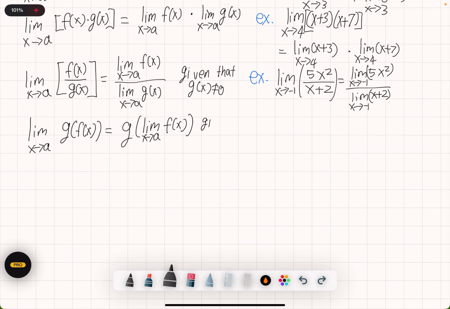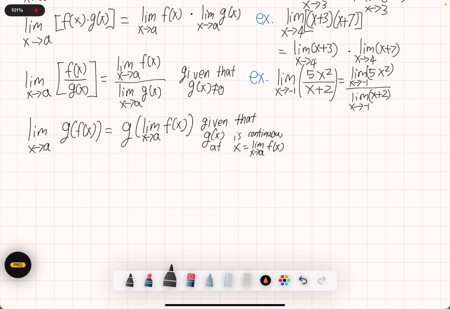So this is given that g is continuous, or the function g of x is continuous, at x equals the limit as x approaches a of f of x.